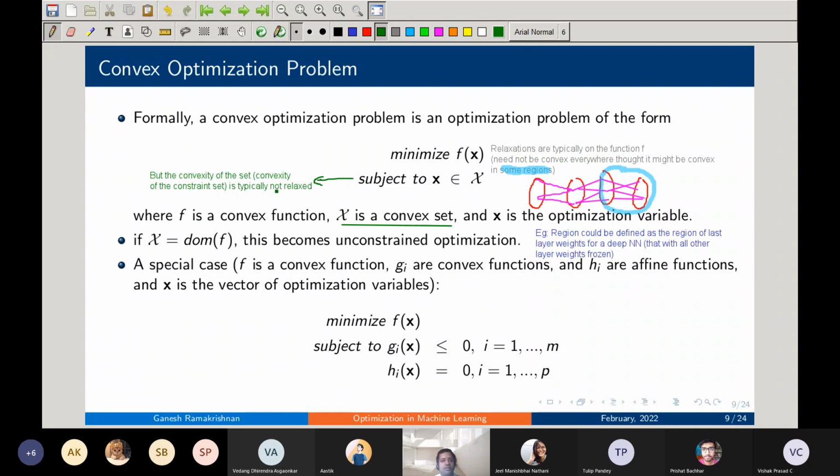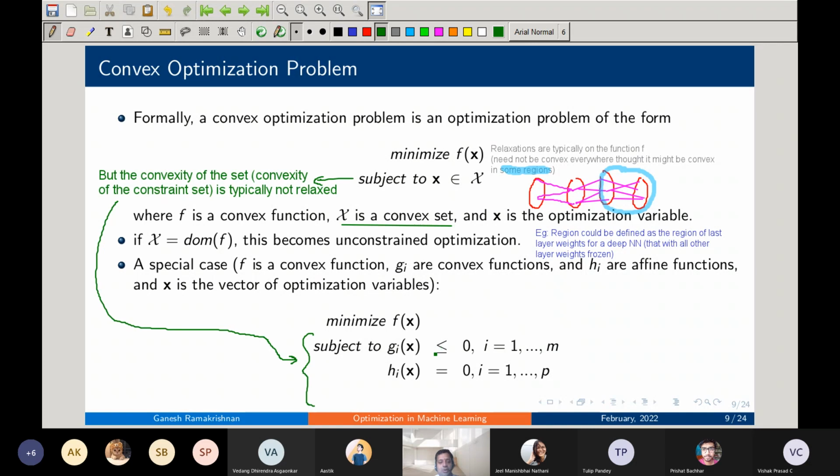A special case, and this is what I was alluding to, is when you have g_i(x) less than or equal to 0, where the g_i's are convex functions. So these are like sublevel sets at alpha value 0.